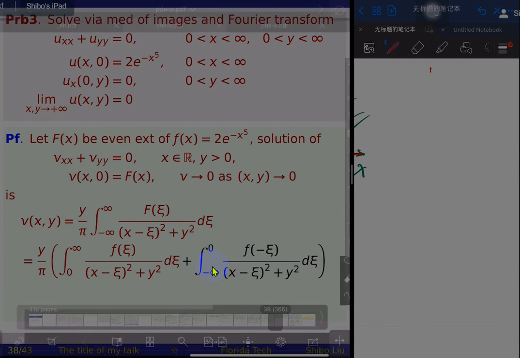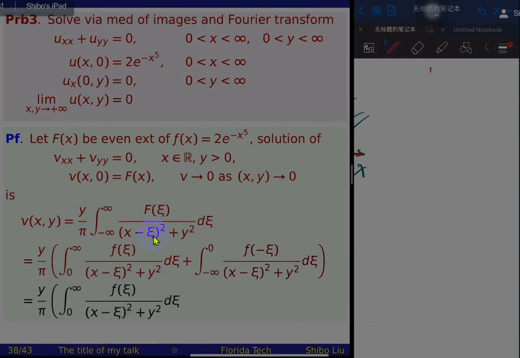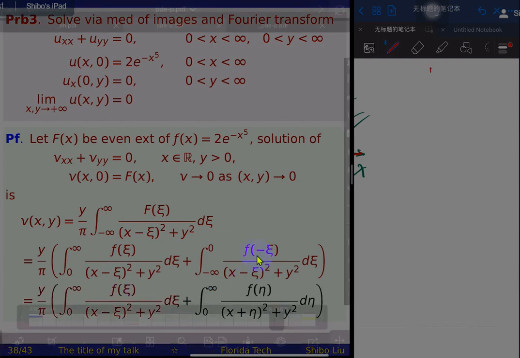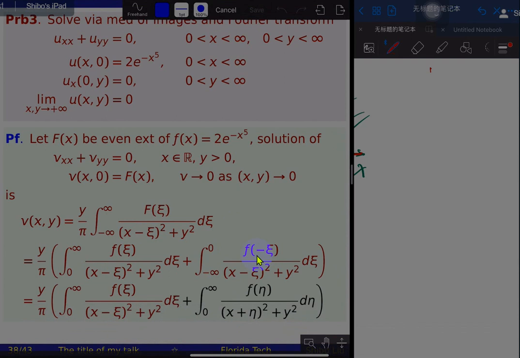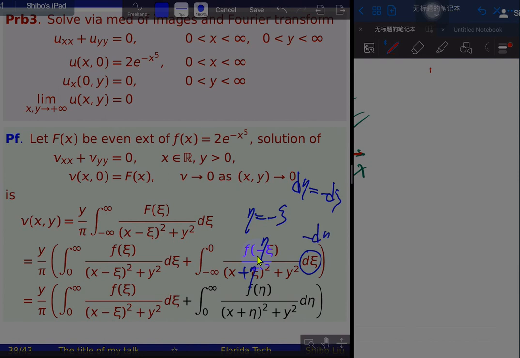In the next step, the first term is already good, so we don't need to do anything. For the second term, we make a change of variable. Let minus xi equal eta. Then this can be written as f of eta, and this is plus eta. But d eta is minus d xi, so d xi is minus d eta. When xi equals minus infinity, eta equals positive infinity.